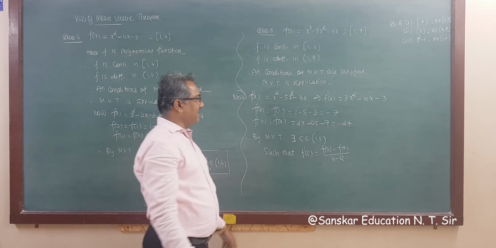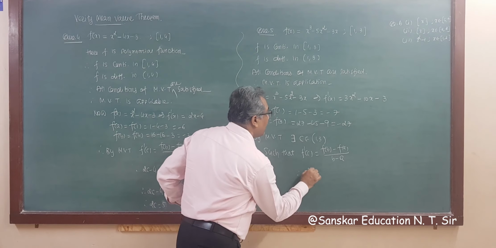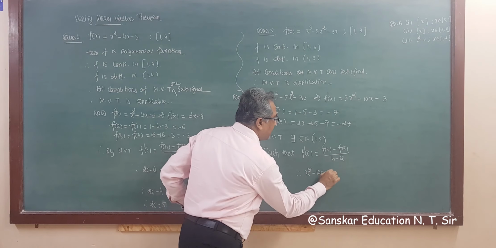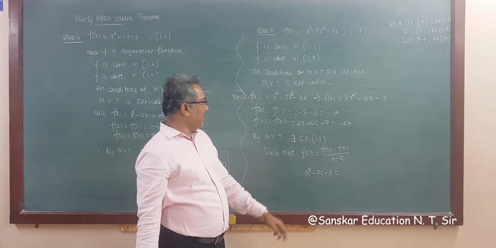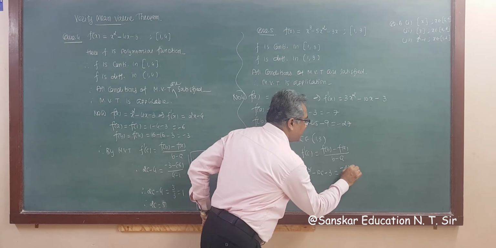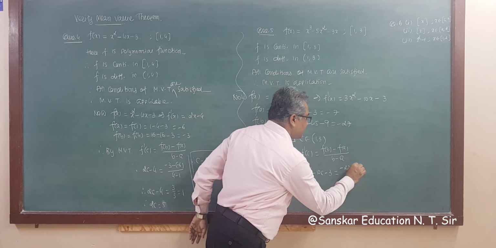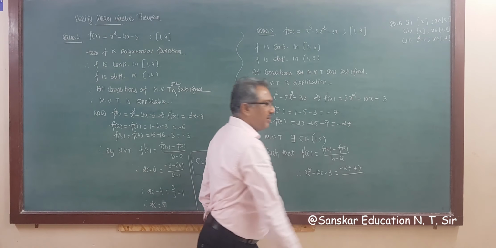So f dash c is this, that is 3c square minus 10c minus 3, is equal to f of b, which is minus 27, minus f of a, which is minus 7, that is plus 7, whole upon b minus a.